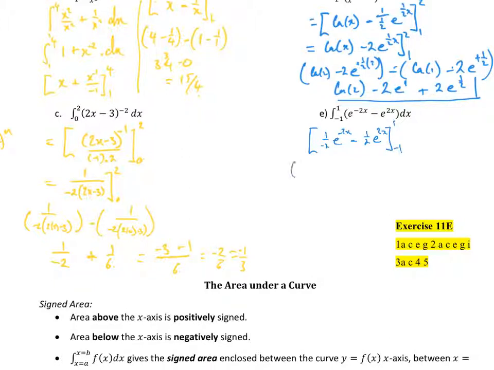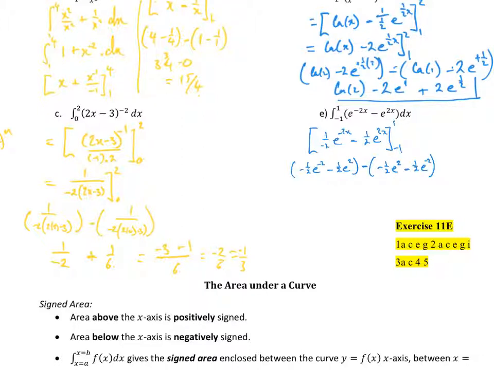Substitute 1 in, I get minus a half e to the minus 2 minus a half e to the 2. Subtract minus a half e to the negative 2 times negative 1, which is positive 2, minus a half e to the 2 by negative 1, which is negative 2.